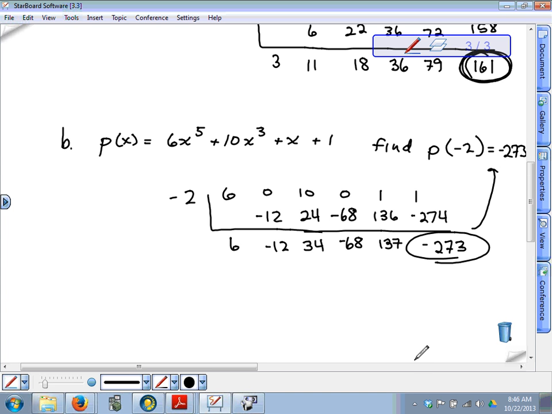It's negative 273. You would get the same result had you taken a negative 2 and plugged it in for all the x's.